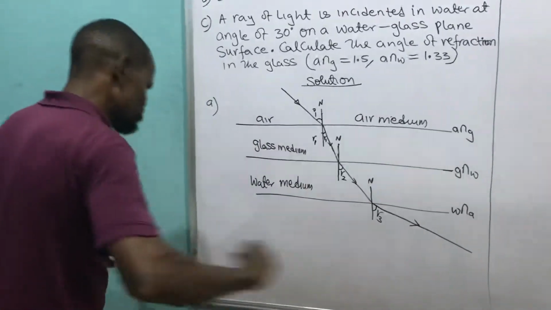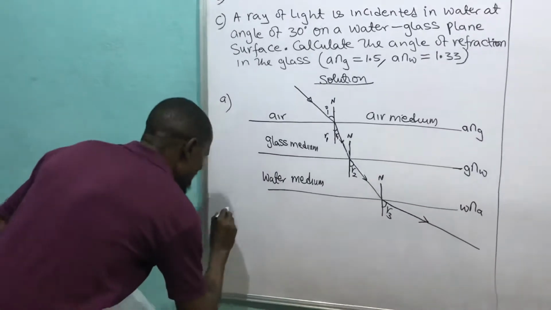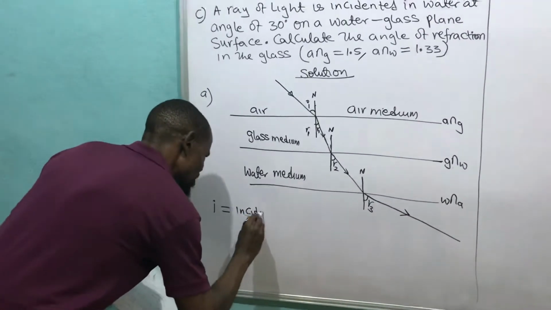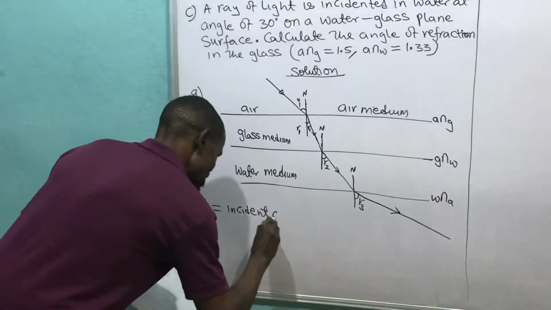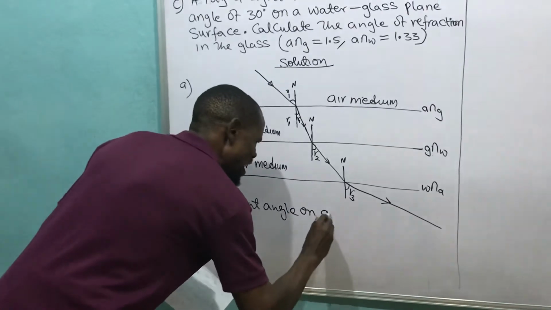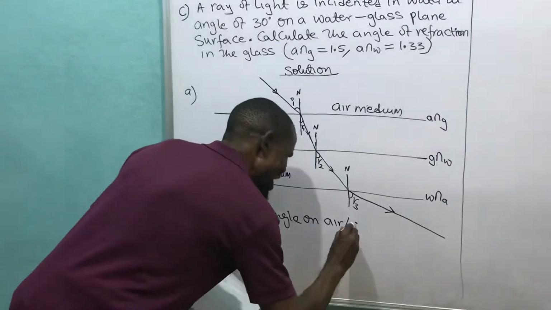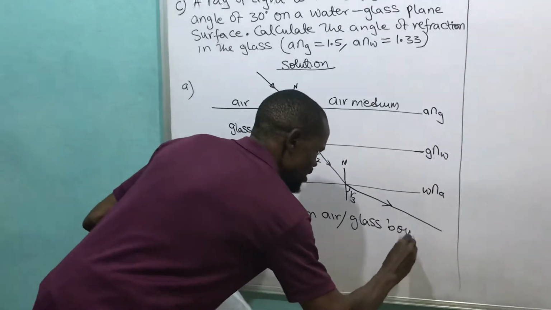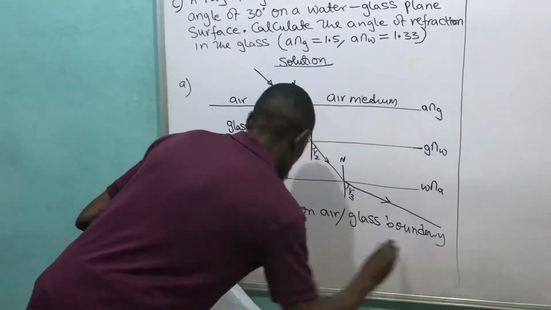So let us see. Let me give you more explanation. I is equal to the incident angle on the air-glass boundary. Glass boundary. Get me right. Calm down.